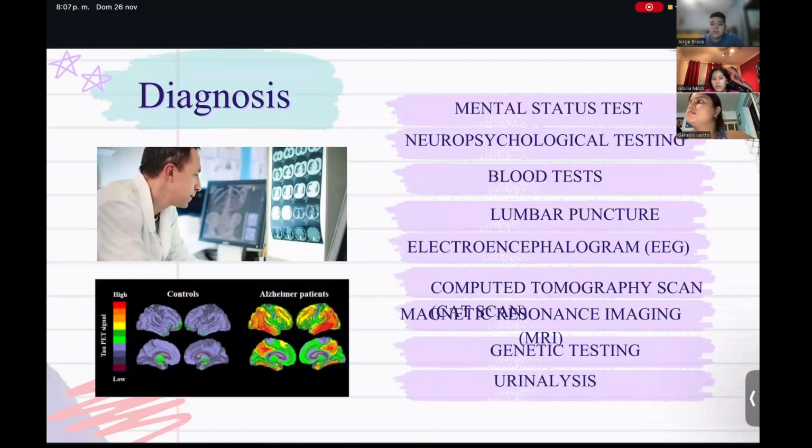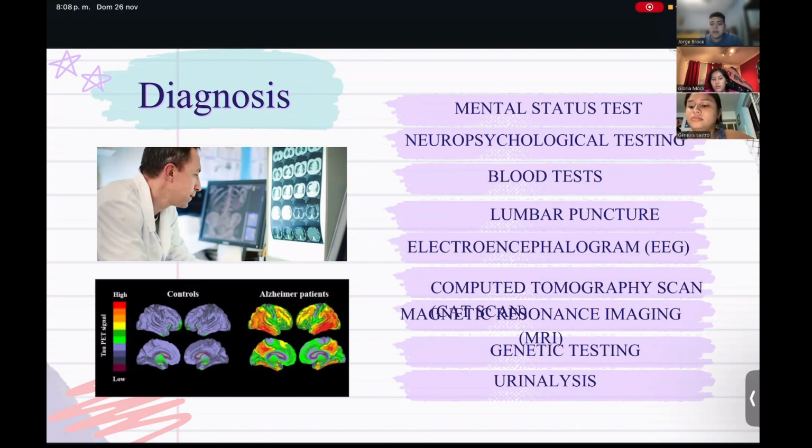For the diagnosis of Alzheimer's, there is no single test for diagnosing it. Specialists can rule out other similar conditions and diagnose Alzheimer's disease with about 95% accuracy. The only way to confirm this disease is by autopsy. Examination and evaluation are essential in determining whether the dementia is the result of a treatable illness.